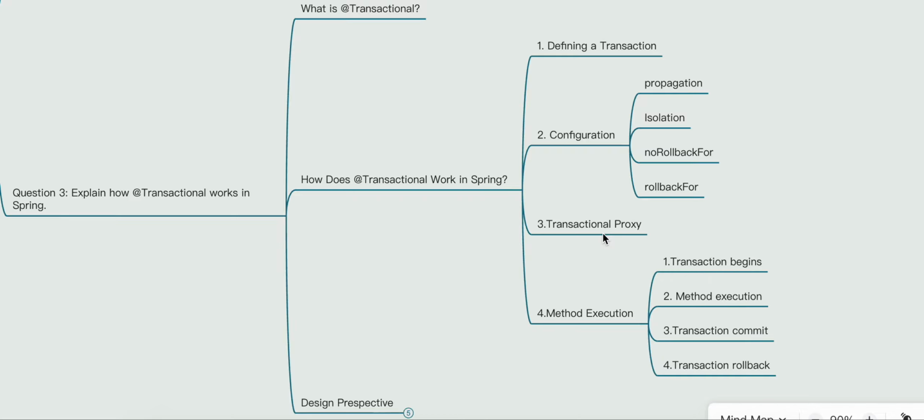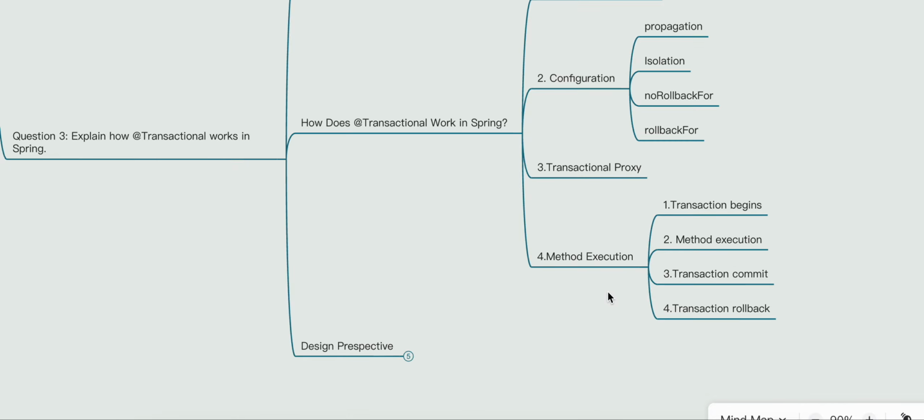Also, if you call a method directly within the same class, the transaction proxy wouldn't be invoked, so this annotation won't be active. So that will cause the other method not to run in a transaction.